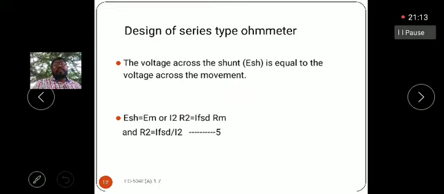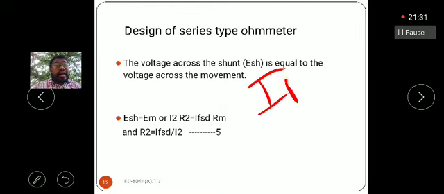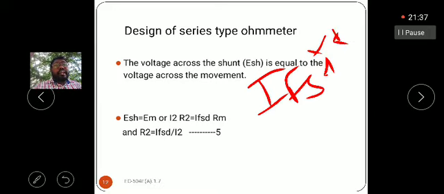So I2 into R2 is equal to the full scale deflection current into the meter resistance. Internal meter resistance is RM, and R2 is equal to the full scale deflection current into RM divided by I2. This is equation 5.